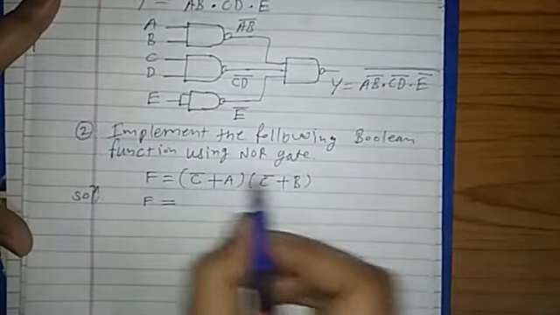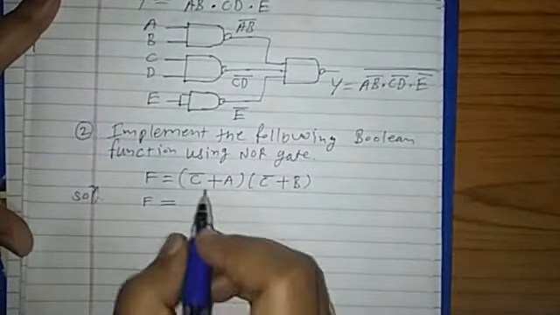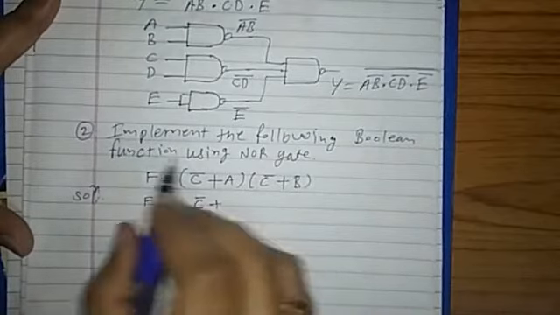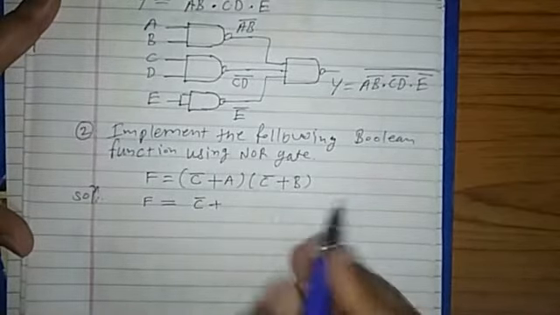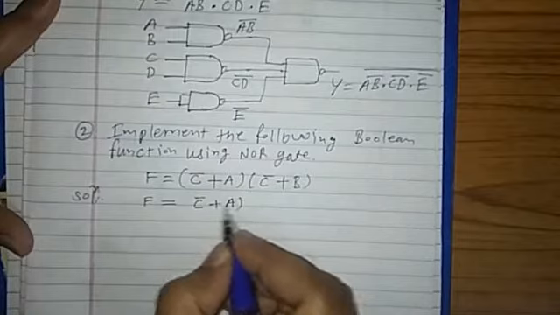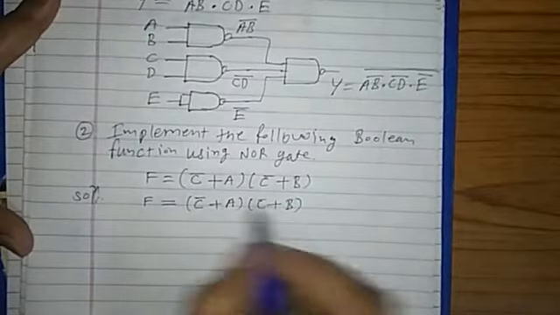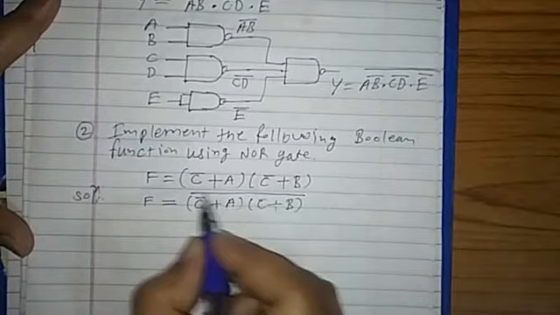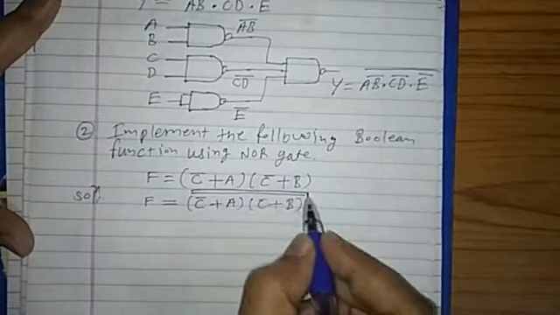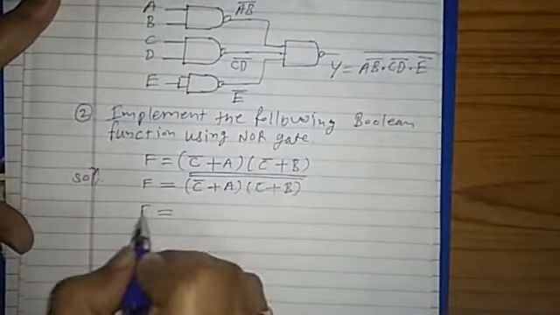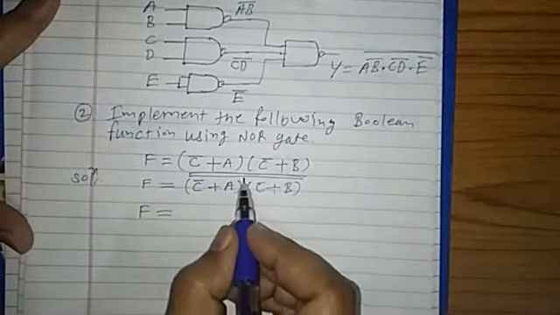First we'll apply the 2 times complement to this. This expression they are not told to simplify, they said just implement the following boolean function using NOR gate. Therefore I will apply the 2 times complement to this whole expression, and then I will just take this as a complement of product.